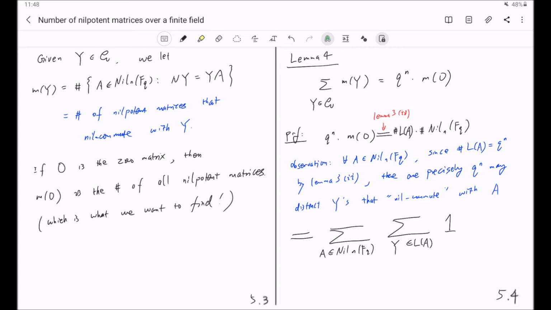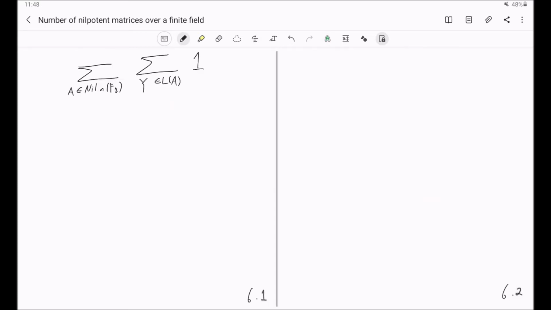So now let me carefully write this down. So you get this double sum.